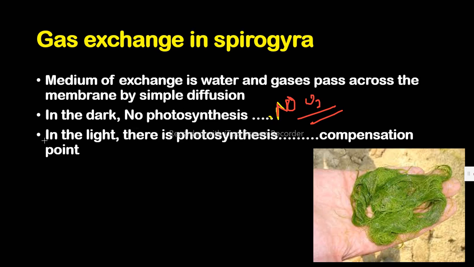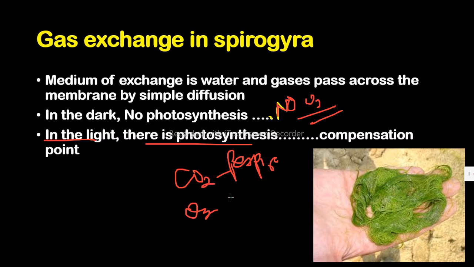But in light, there will be photosynthesis. So the carbon dioxide that is produced in respiration and the oxygen that is produced in photosynthesis can be used vice versa, whereby the oxygen is used in respiration and the carbon dioxide is used in photosynthesis.